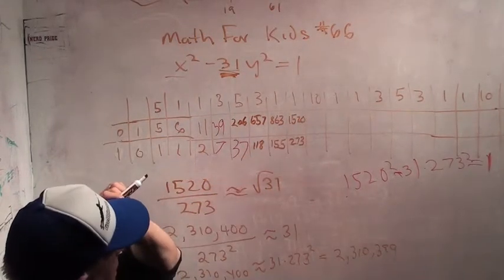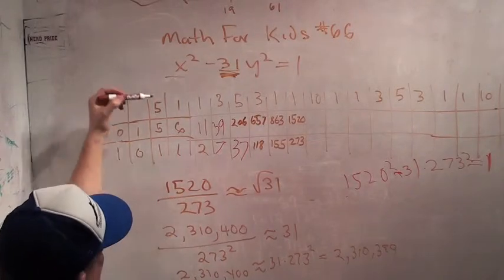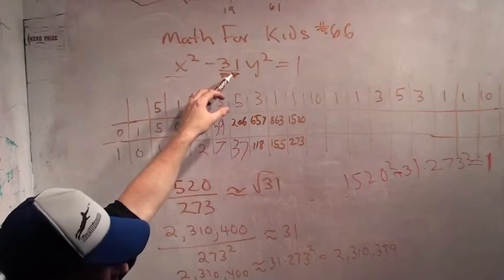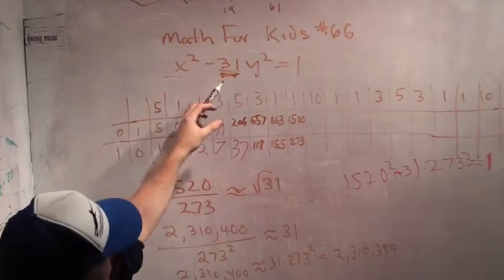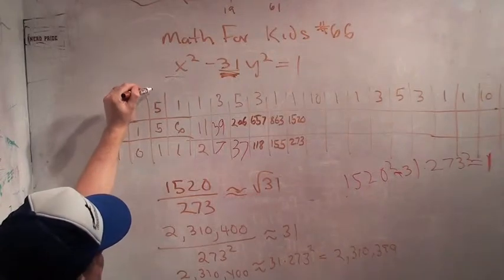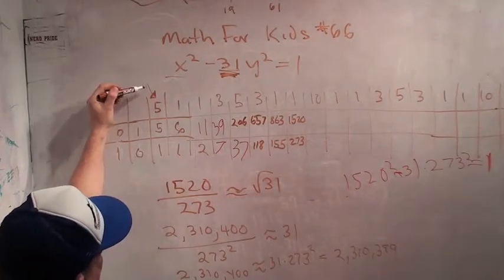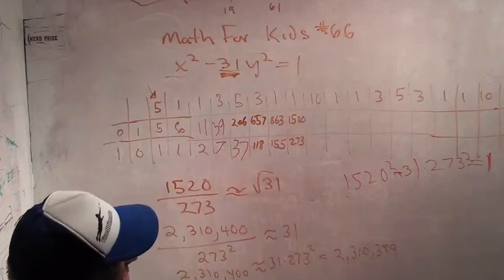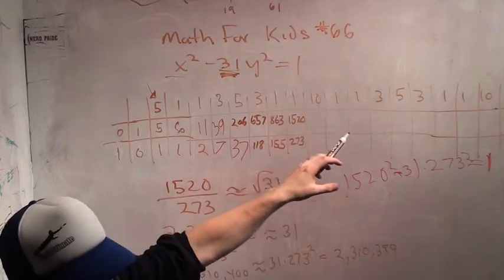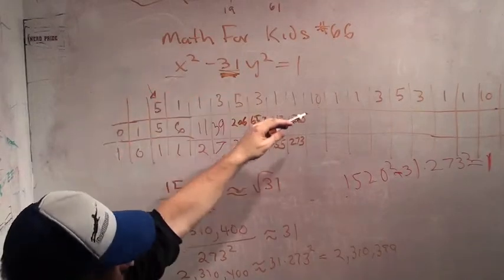Now, the continued fractions for square roots of integers, it turns out, always repeat. And they always have the form that we have here, where the first number is half of the number where it starts repeating. You see the pattern where the 10 starts showing up? And this 5 was half of the 10?